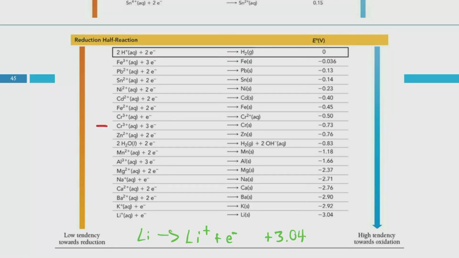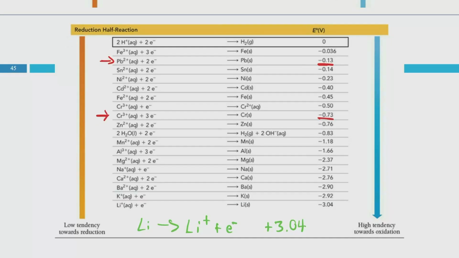So we've got chromium 3+ going to chromium metal. That's one of the ones that we need. We've got a negative 0.73. And we've got lead 2+ going to lead, and that's a negative 0.13.